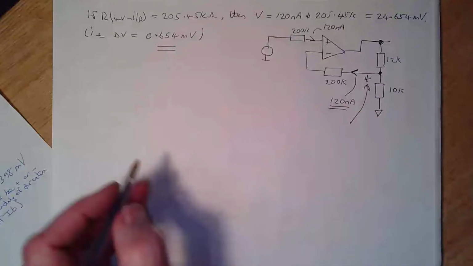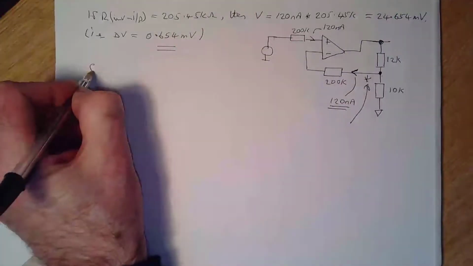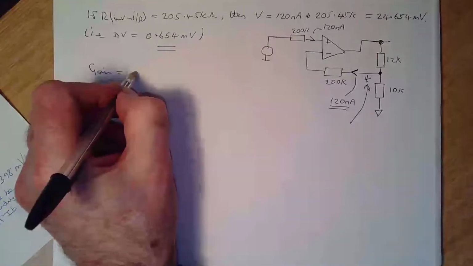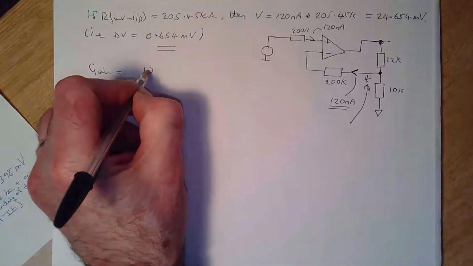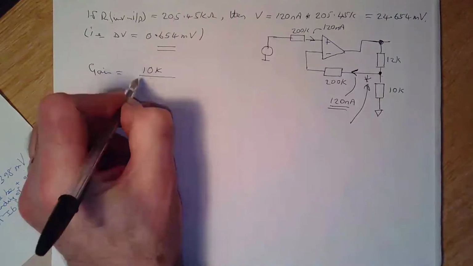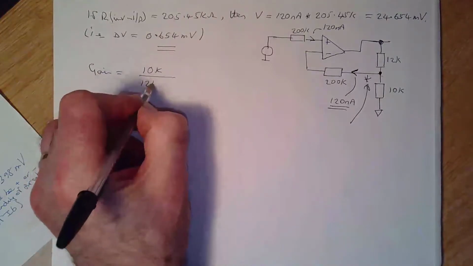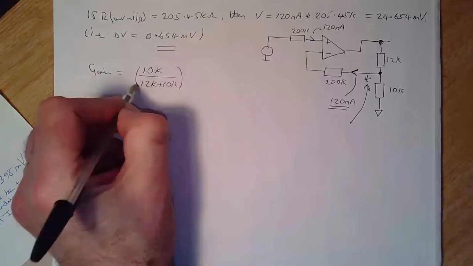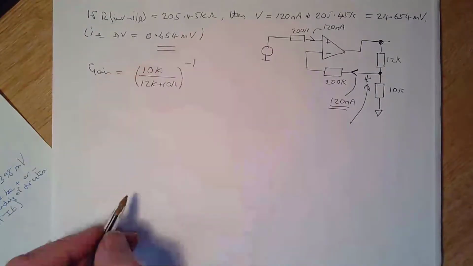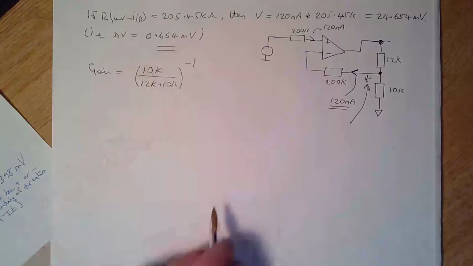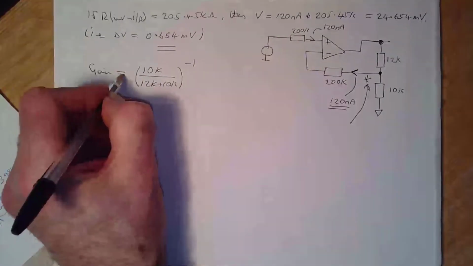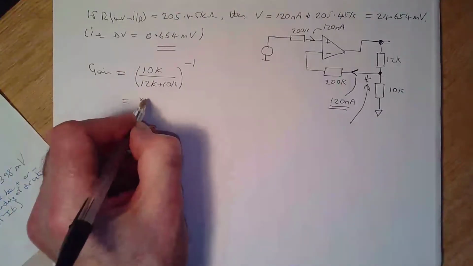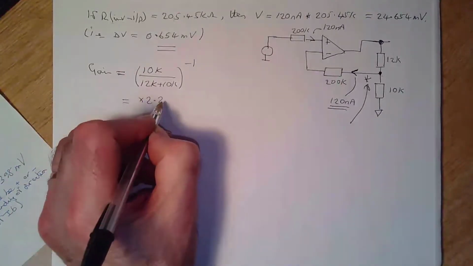The gain of the amplifier equals 10k over 12k plus 10k, all to the minus 1, because I've worked out the feedback factor, so you take 1 over the feedback factor, assuming a high gain amplifier, which equals 2.2.